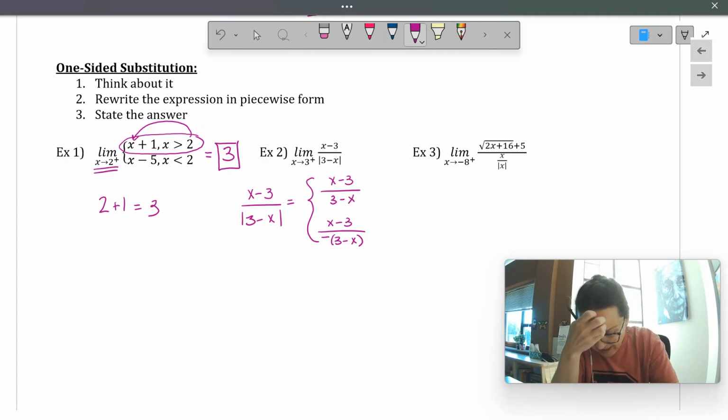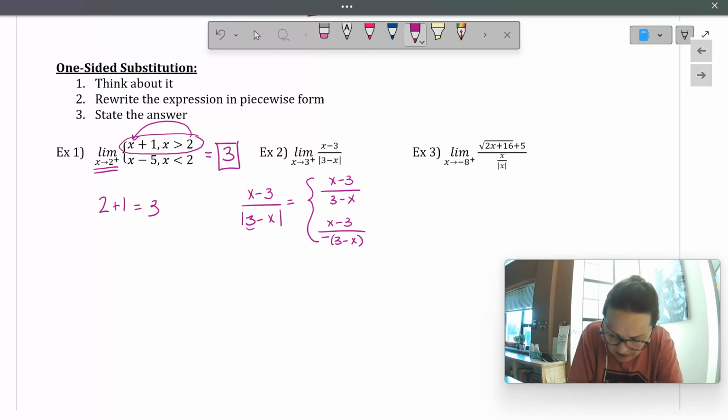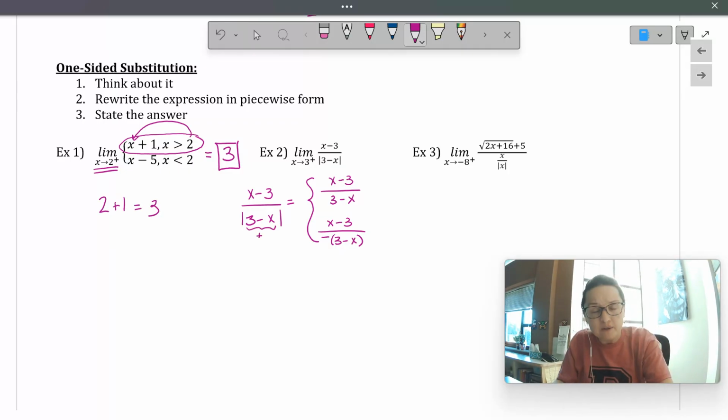So I say, okay, what x values are going to keep this bottom stuff positive? Well, 1 would work, 2 would work, 3 it's going to be 0, and 4 is when it starts kind of going into the negative. So 3 is your flip over point.